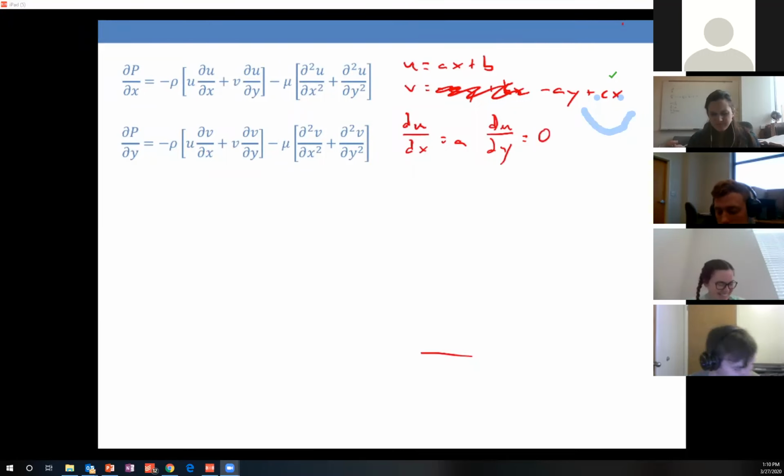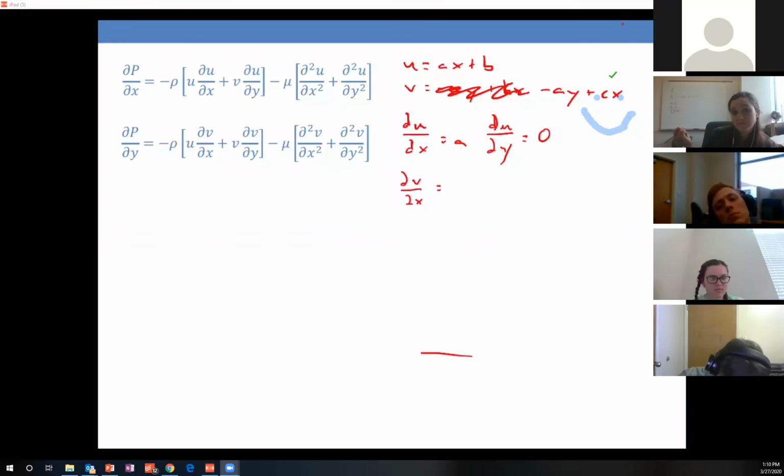I'm trying to remember to do the little swirly d's so that we'll all remember these are partial derivatives. Okay, dv dx then is equal to c, and dv dy is equal to negative a.